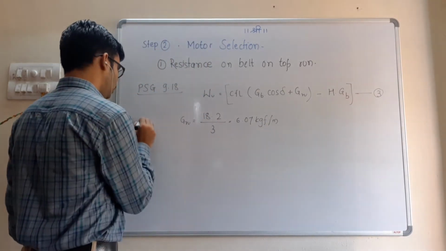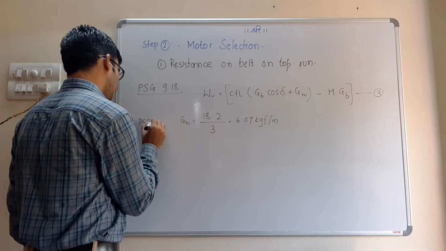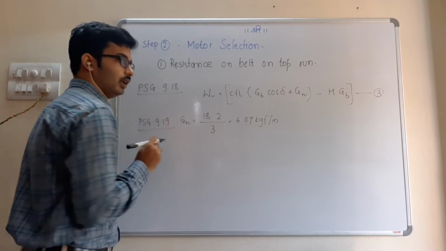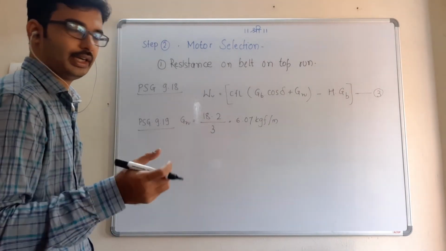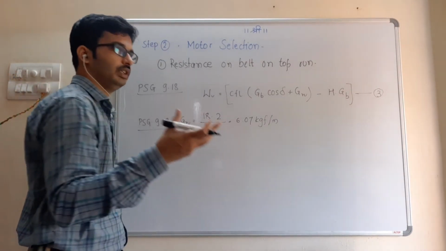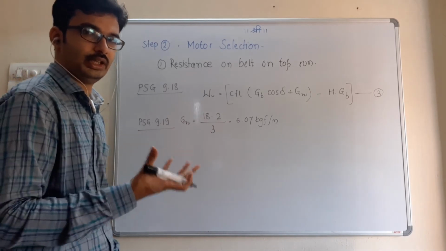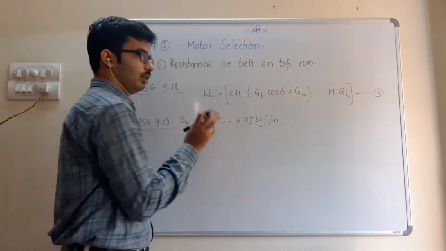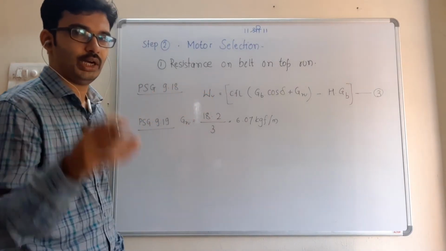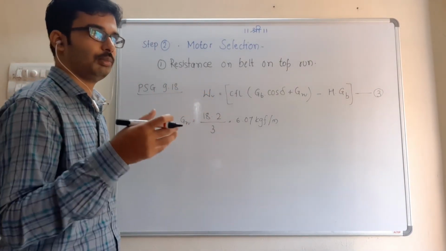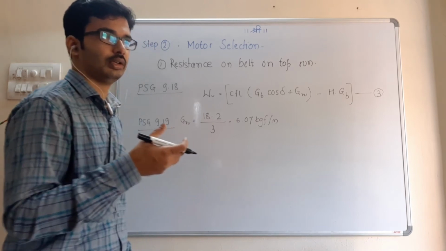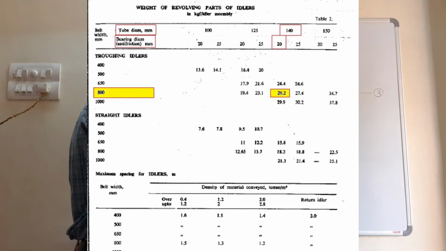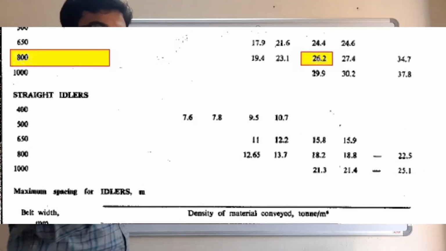Now you have to refer to a table from PSG 9.19 for return idlers and straight idlers. That is, spacing between the return idlers is given as 3, and the weight on the bottom run return idler is considered as 18.2 kgf per idler.